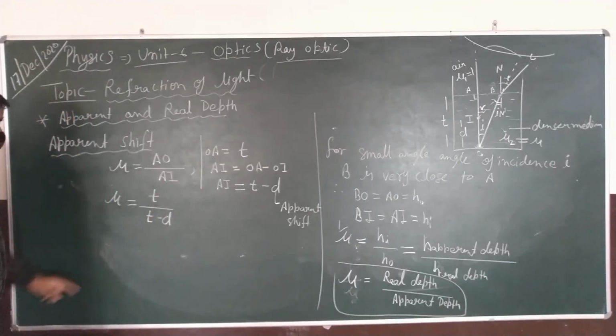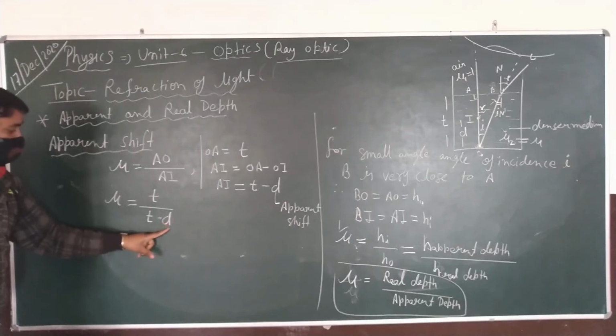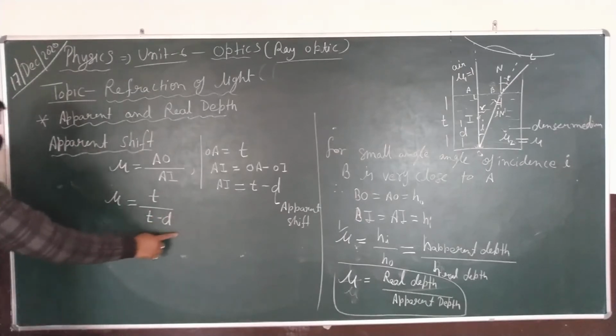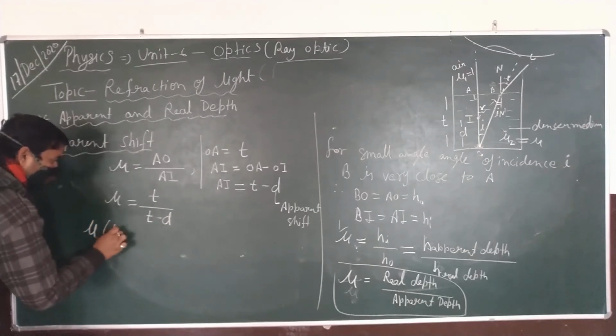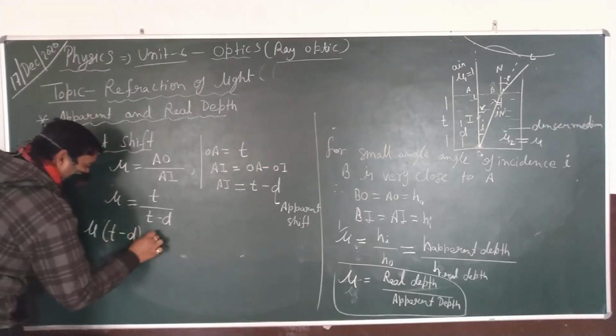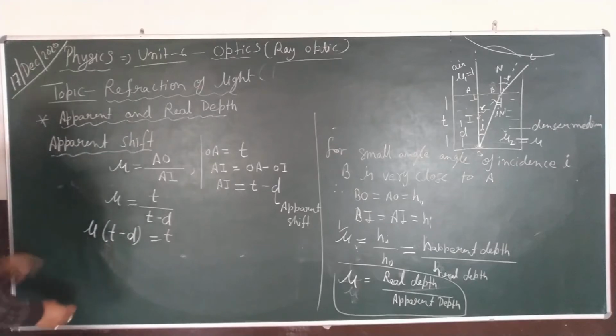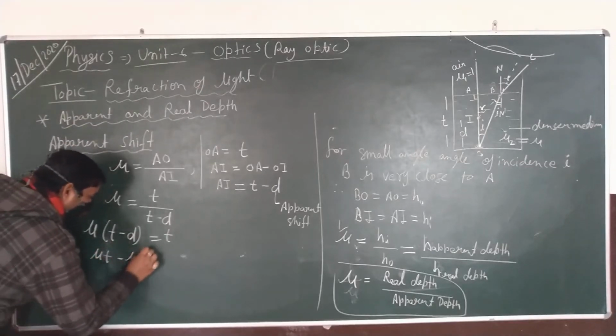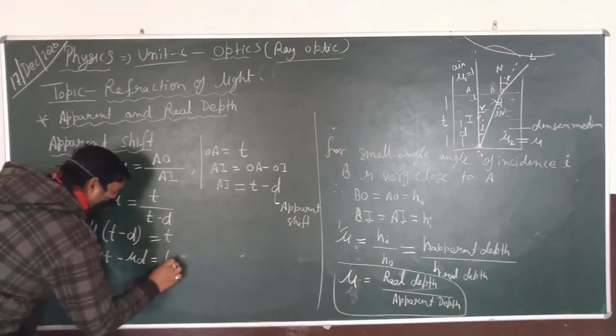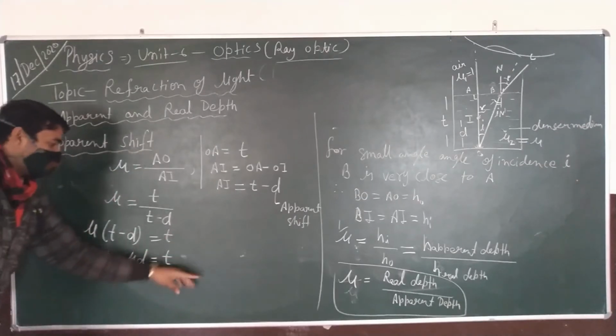Clear? Now we will calculate the value of D by multiplying: mu times (T minus D) is equal to T. We get mu T minus mu D equal to T. Now this mu D is shifted here.